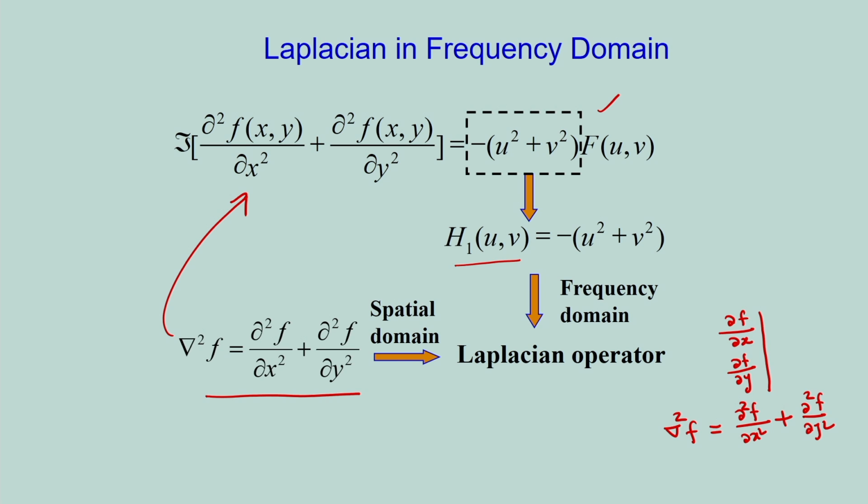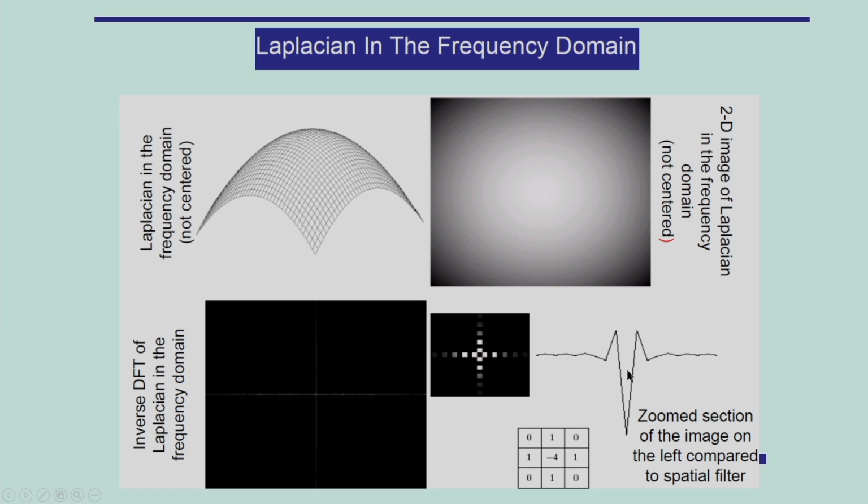So you can see in spatial domain how to represent the Laplacian, in frequency domain how to represent the Laplacian. So this is the Laplacian operator. And corresponding to the Laplacian operator, the first figure if you see Laplacian in the frequency domain, you can see this, the Laplacian will be something like this. So by using the Laplacian you can determine the location of the edge pixel.